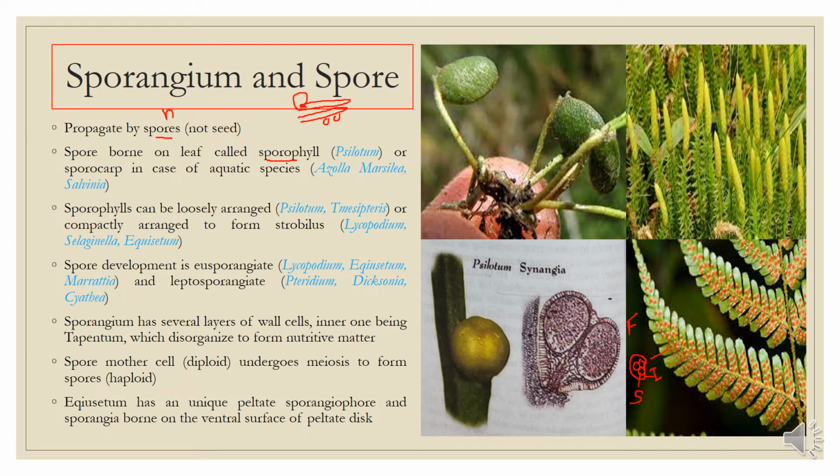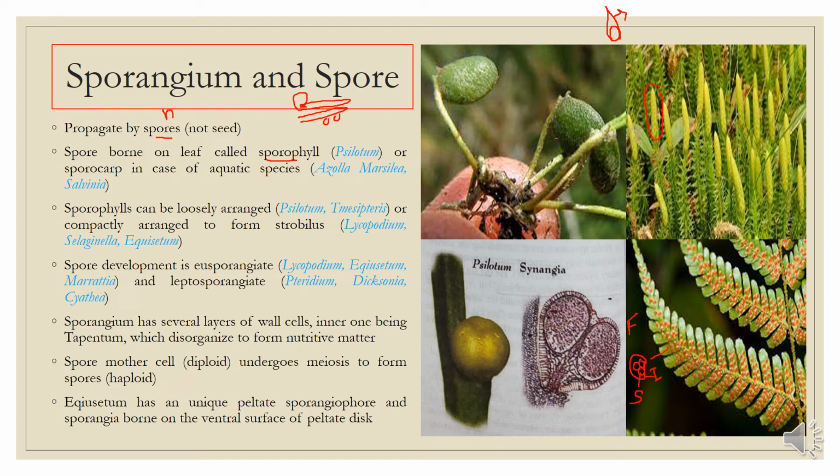And here in the Lycopodium, we see that the sporangia are born on the upper surface at the axial position, and all these sporophylls, that is, the leaves containing the sporangium, are very tightly arranged to form this strobilus-like structure.